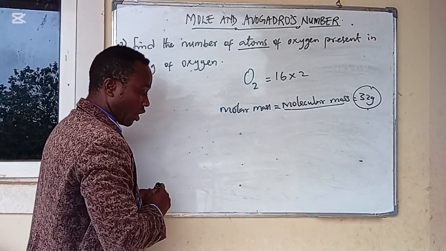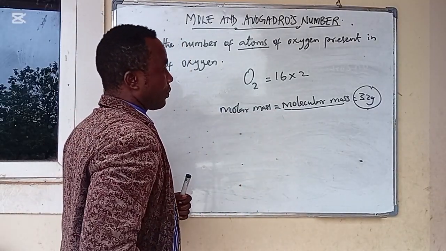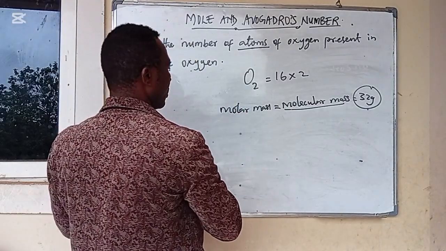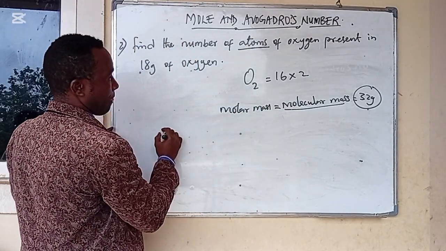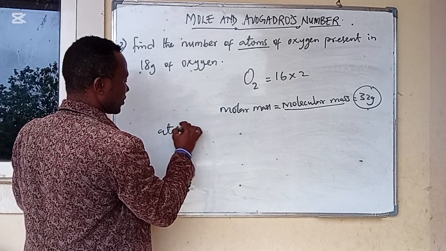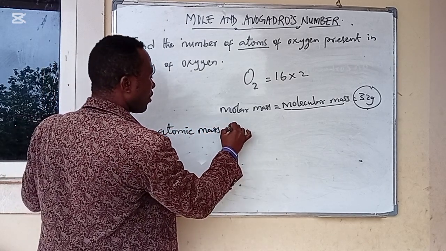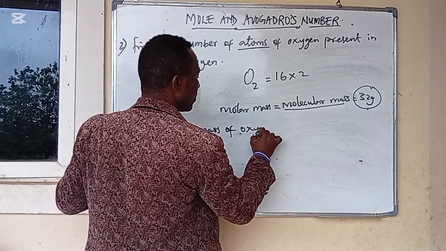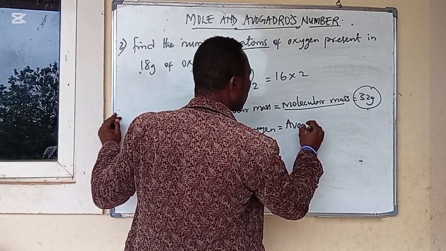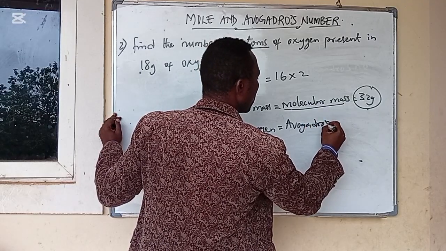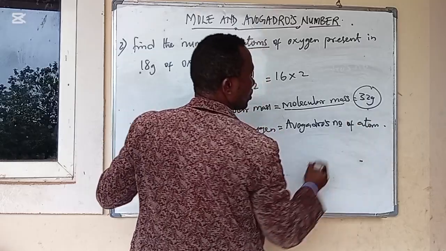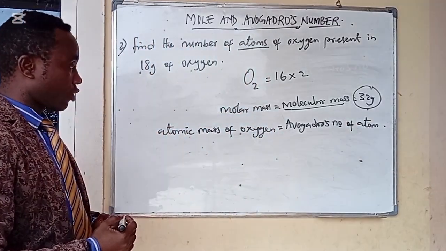So if you want to solve this now, what it simply means is that we will be taking the atomic mass of oxygen is equals to Avogadro's number of atom.